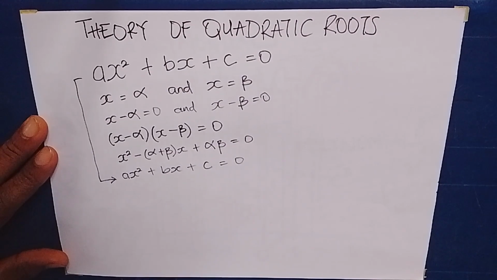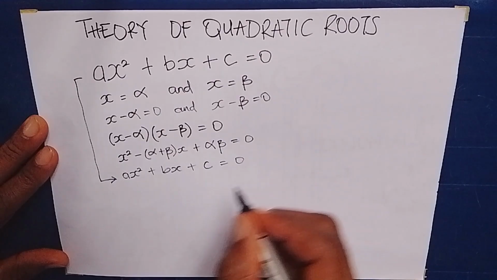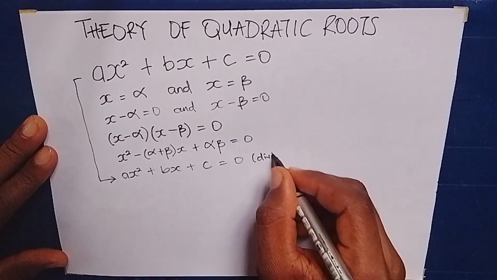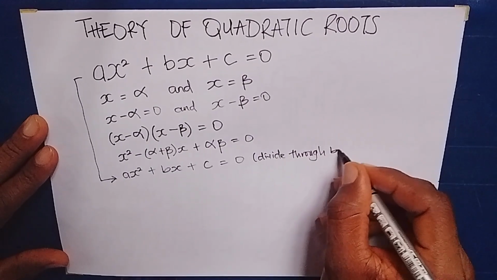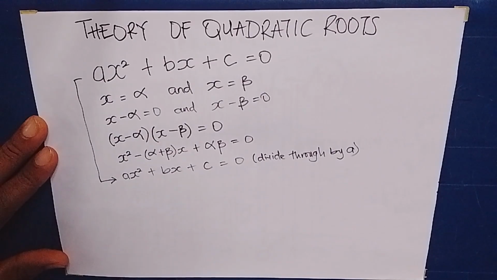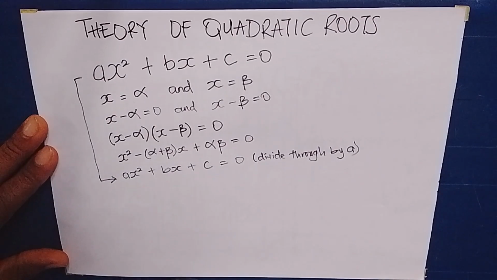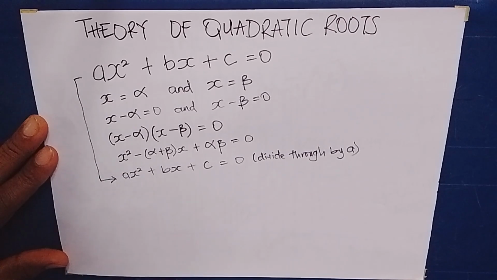Now, we want to make this in a form that is directly equivalent to this. So what we'll do is divide through by the coefficient of x squared, which is a, so that the coefficient of x squared is 1 on both equations.